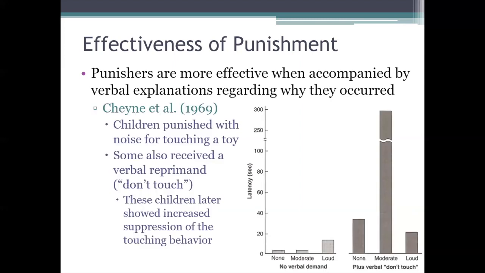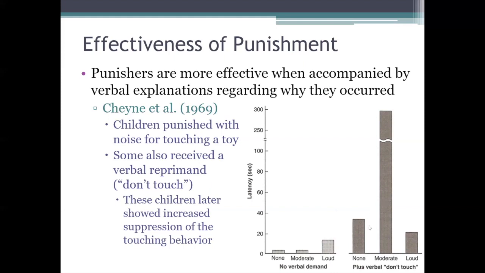And guys, this was shown pretty conclusively in the study that I took this graph from, which involved second grade children who got punished with a medium intensity noise or a high intensity noise if they touched a toy. And some of those children were also given verbal reprimands that were along the lines of don't touch. Okay. So some of the kids didn't get punished at all for touching the toy, others did.